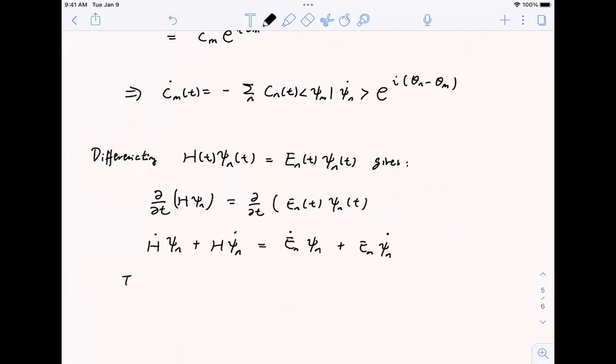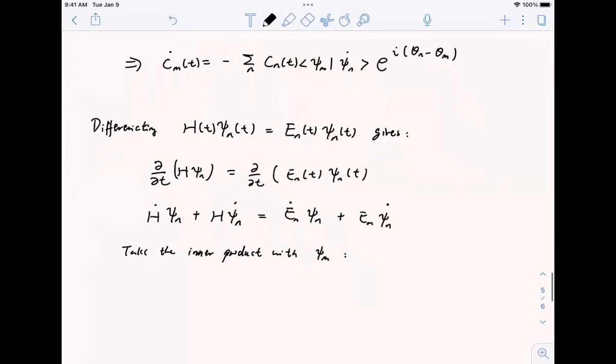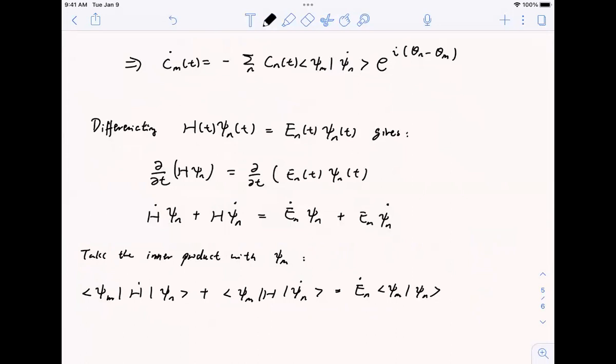Then take the inner product. Then you have this. And then with En. Now let's see.